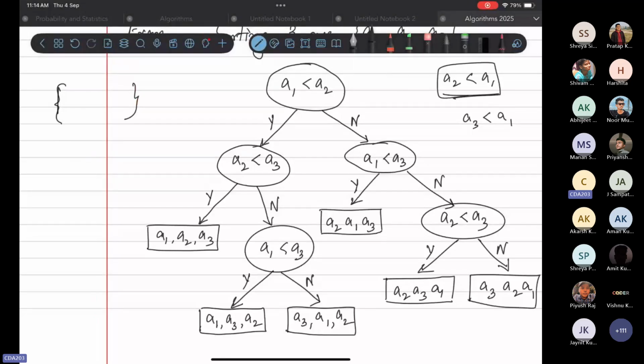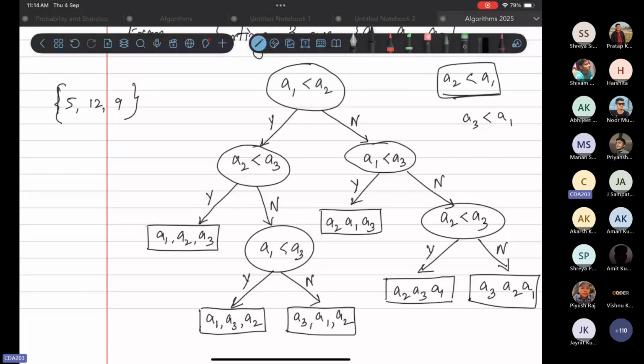Three numbers, a specific input given to this particular problem. Let's say I give you 5, 12, 9.